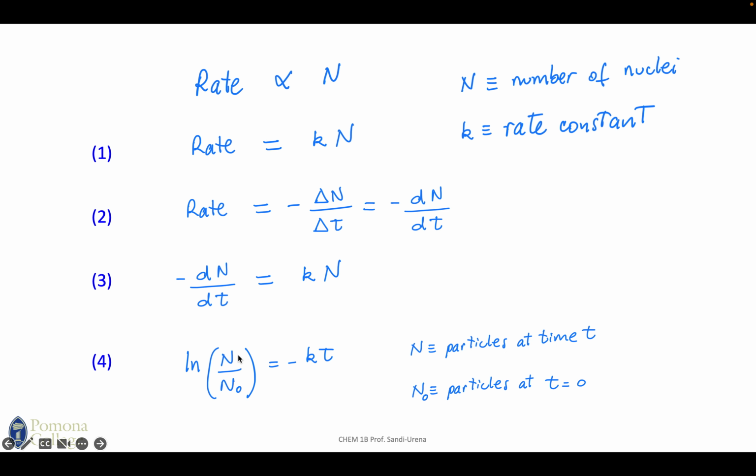N is the number of particles at time t, and N sub 0 is the number of particles at time 0. k is the rate constant.